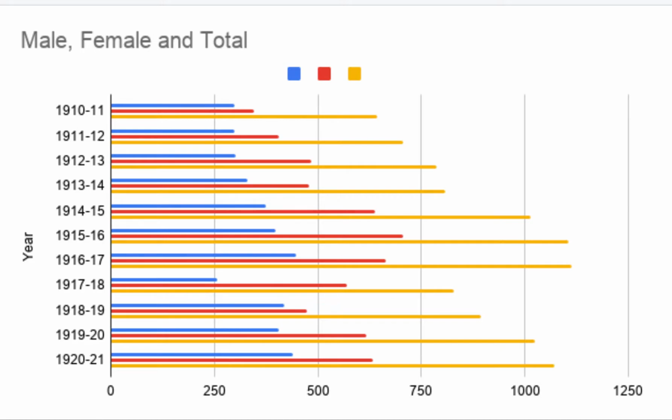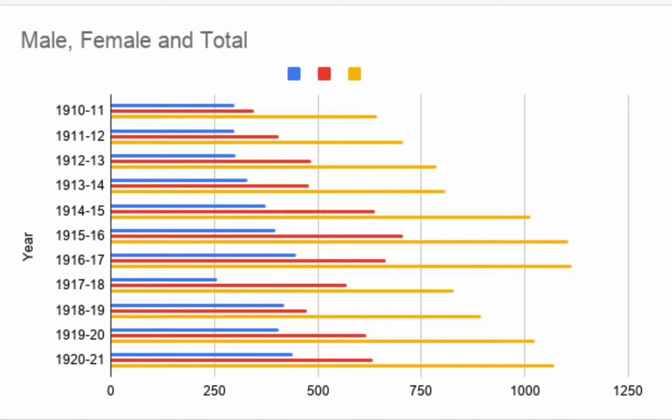Also, there was a pandemic, and it really did heavily affect young males. So maybe that's part of the reason for 1918 to 1920. But it doesn't necessarily explain why the enrollment of women went up so much.